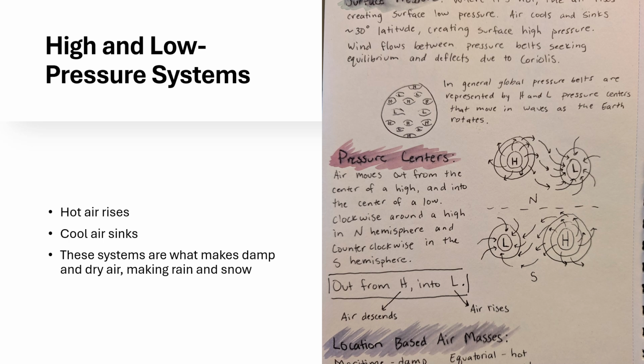And knowing how high and low pressure systems work, looking at the wind can tell you where those low pressure systems are, because all of that wind will tend to move towards the center of a low pressure system. So these systems are what makes damp and dry air, making the rain and the snow.